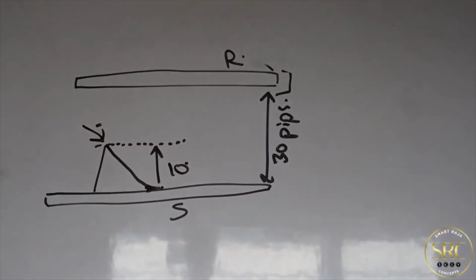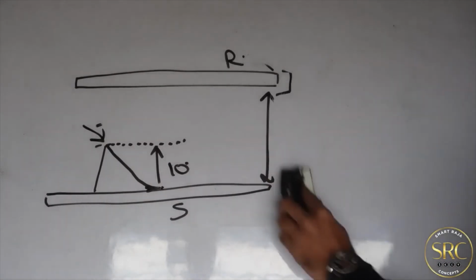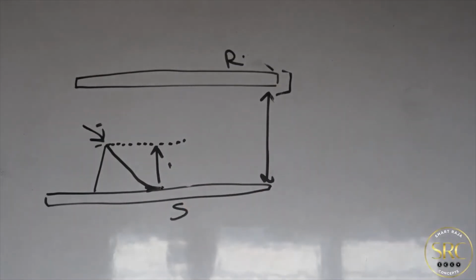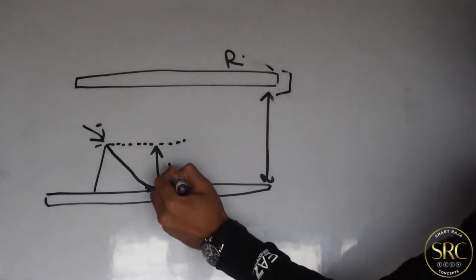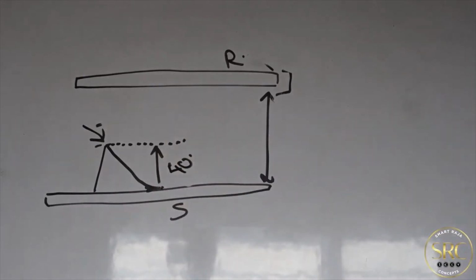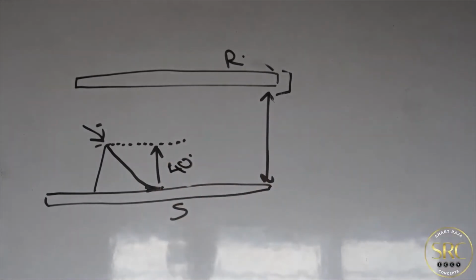It's not going to work out for you. So we're going to imagine that this 30 pip range doesn't exist, and say that maybe if this is a 40 pip range, this is going to be a much better idea for you to execute on a trade.